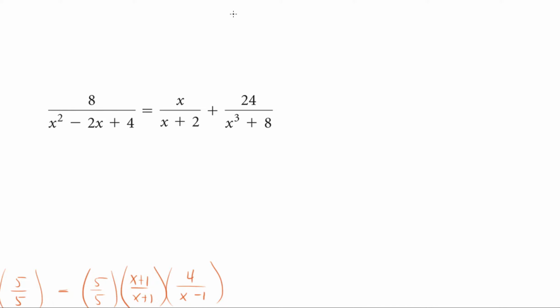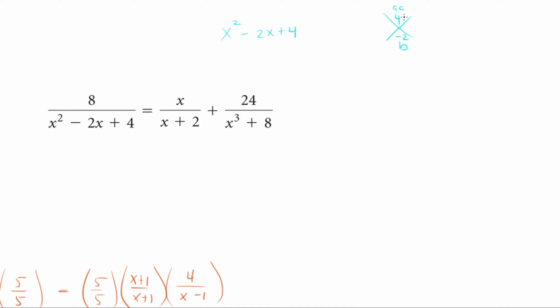Now to factor x squared minus 2x plus 4, I can use the X method. A times c and b. So you have 4 for a times c and negative 2 for b. What two factors of positive 4 when you add them give you negative 2?